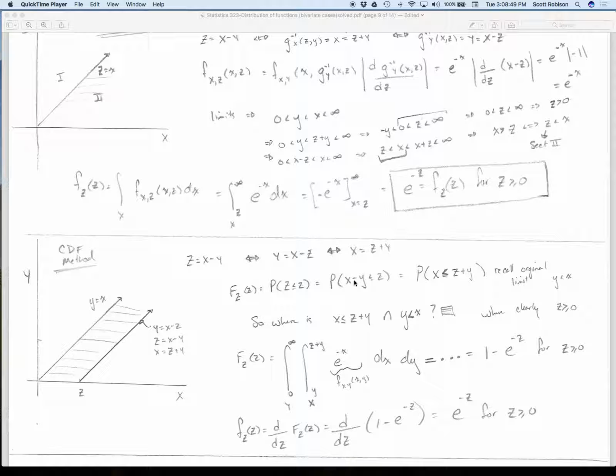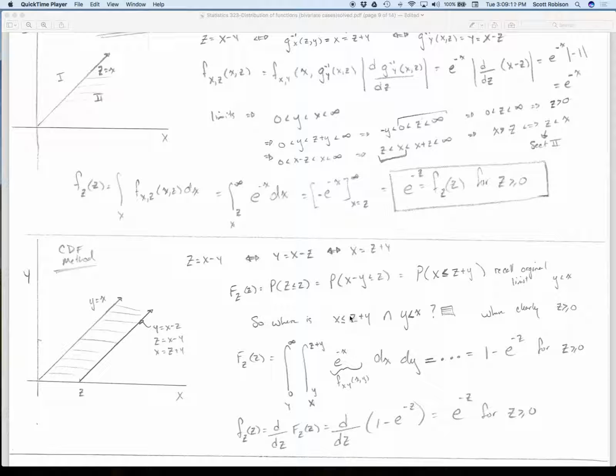Here I'm going to arrange all of this just for x. You could do it for y if you wanted to as well, but here I'm going to do it with respect to x. And so here you can see that I'm interested in where x is less than or equal to z plus y. So what region are we talking about here? Well, there's the two bounds right here and right here.